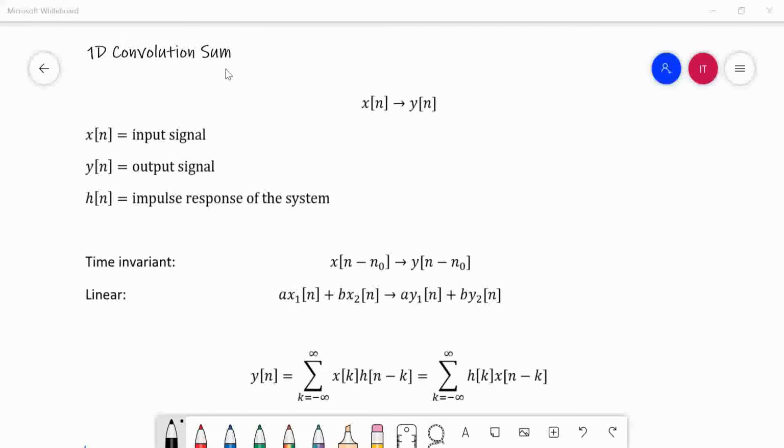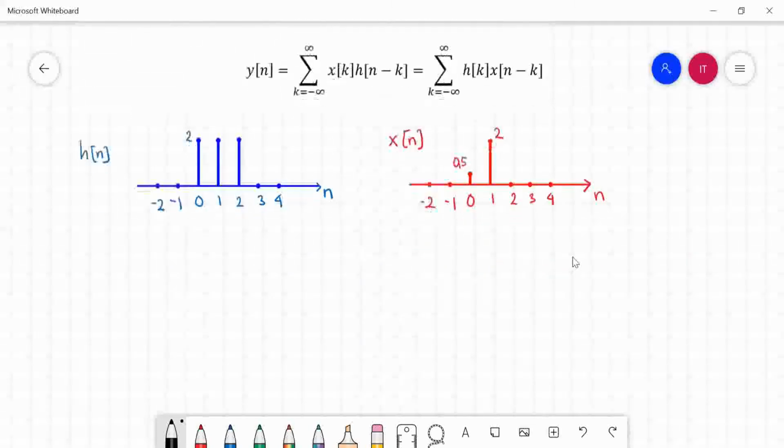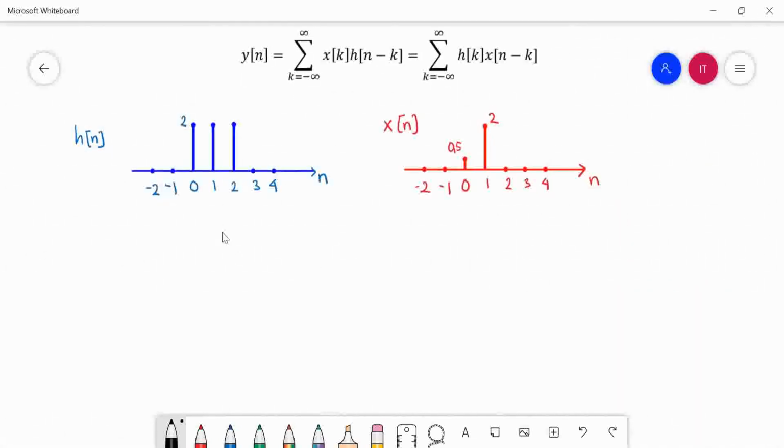Now we will see an example. Here we have an impulse response h[n] and an input signal x[n]. And now we want to know the output of the system. Because this is an LTI system, we can just use the equation above.